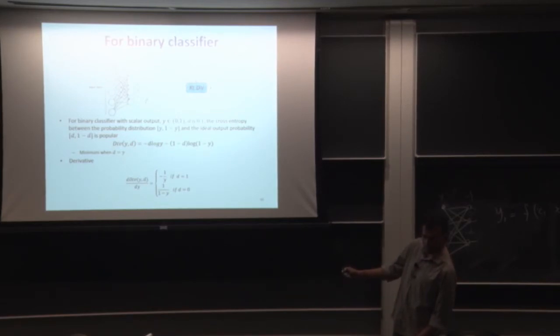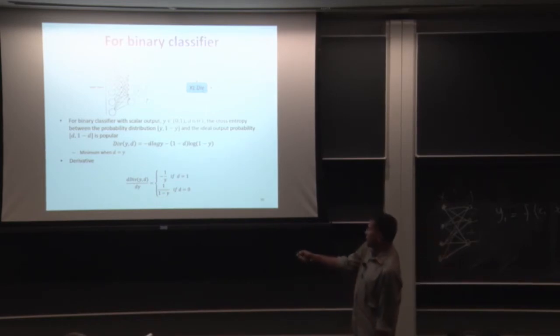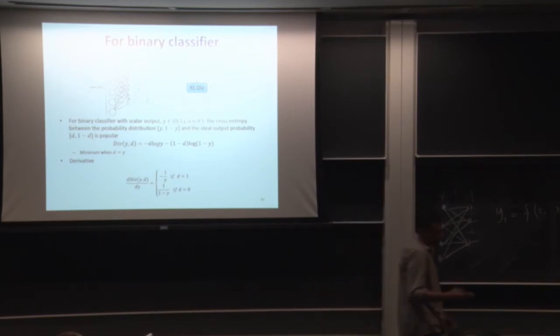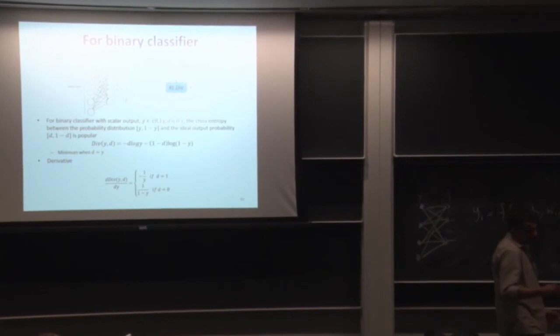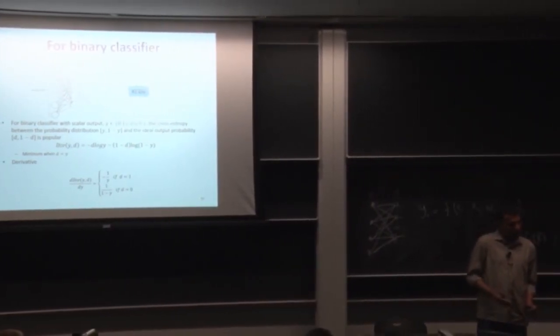Log 1 is 0, so this term goes away. This is 0 log 0, that becomes 0. If d is 1, this becomes 1 times log 1, which goes away, and 1 minus d becomes 0, so this becomes a 0 log 0. It goes away. So when the output and the desired output are the same, this value becomes 0.